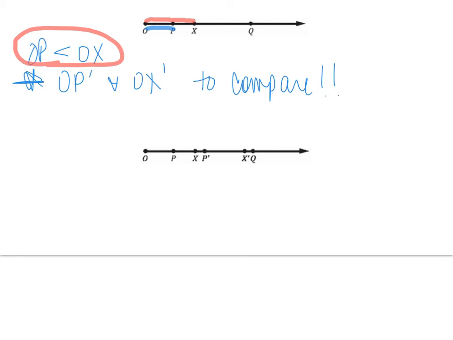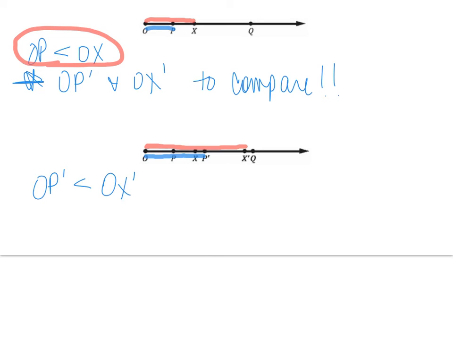On this second drawing, I also have OX, which when your scale factor is greater than 1, maps to OX prime, and then OP, which also maps to OP prime. We still see that OP prime is less than OX prime.